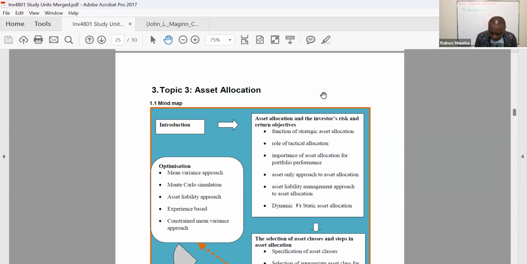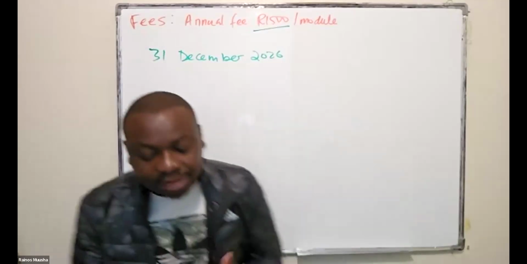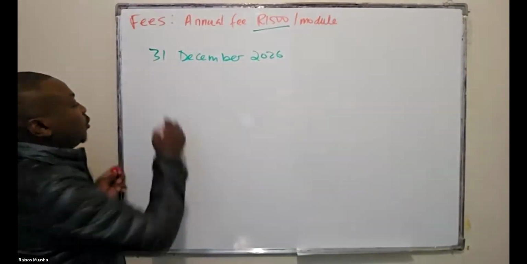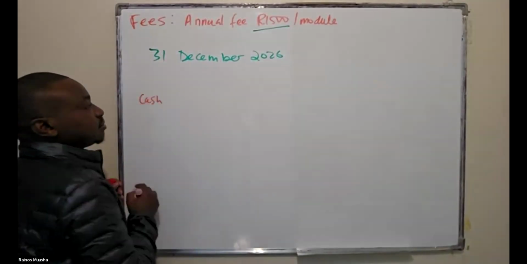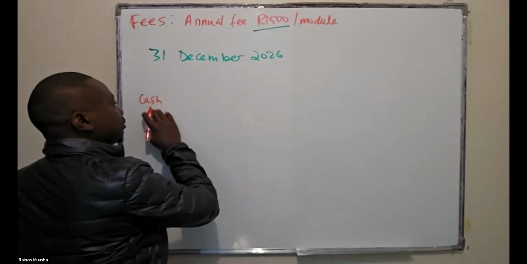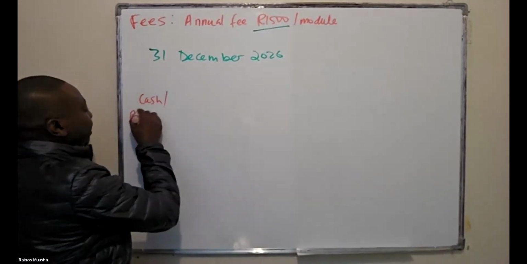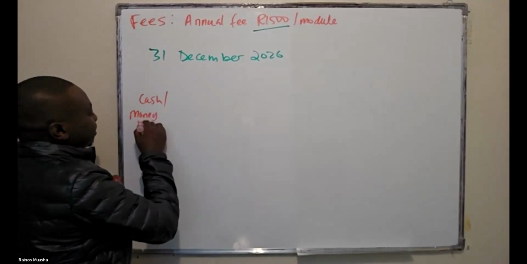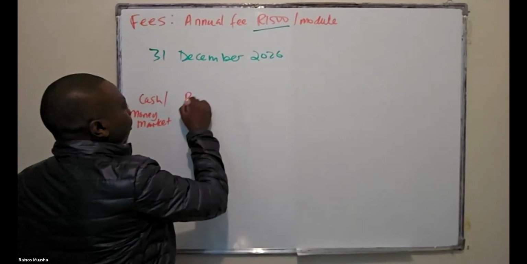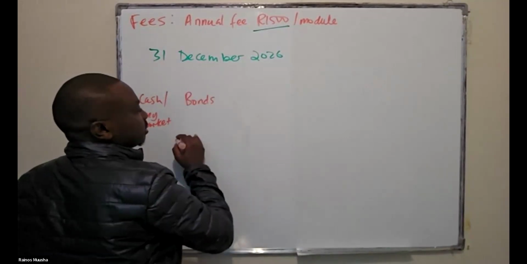Now, remember, when you're looking at your choice of investments, in simple terms, you have your cash and cash equivalents, which is basically your money market investment. And then you have bonds, investment in bonds.